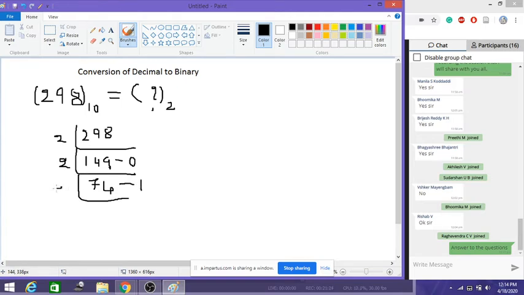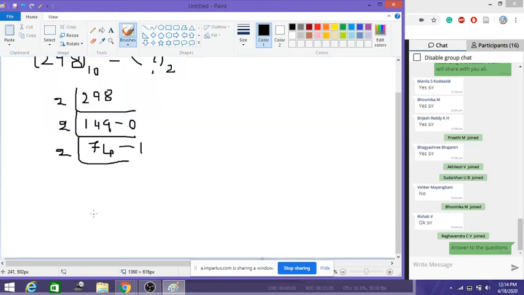So then once again we divide this 74 by 2, so 2 3s are 6, and then 2 7s are 14, so remainder is 0 here. So now I once again divide this number. So 37 divided by 2, so we have here 2 8s are 16, so we are left with one remainder.